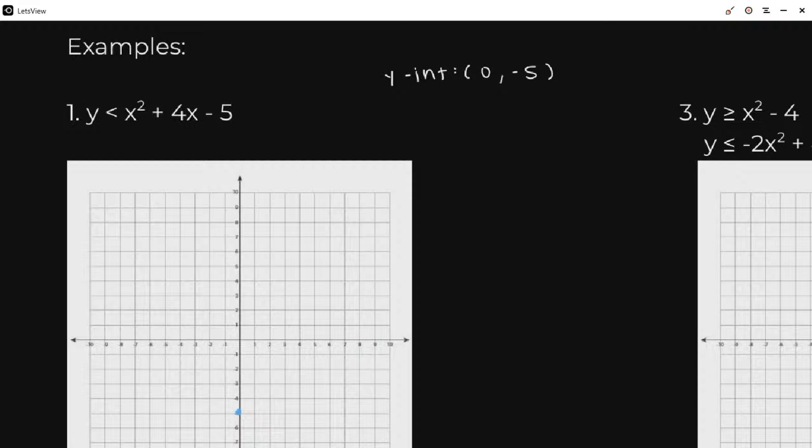And then we want to find the axis of symmetry. So that would be x equals negative b over 2a. So that's negative 4 over 2, which is negative 2. So our axis of symmetry is at x equals negative 2.